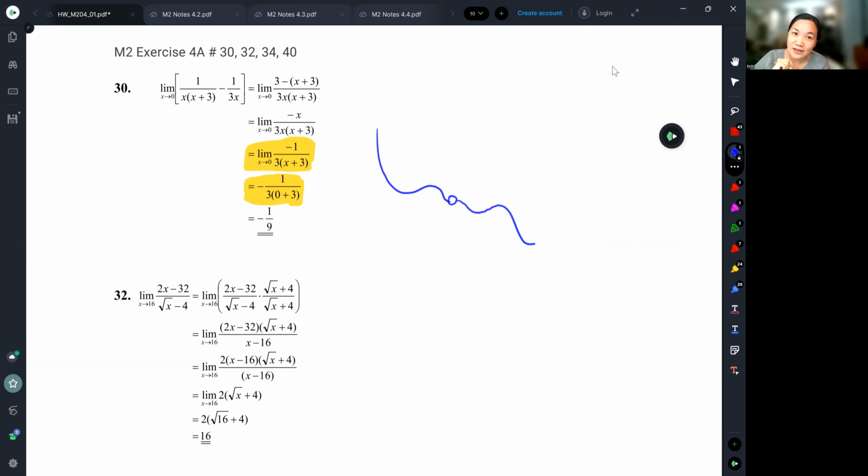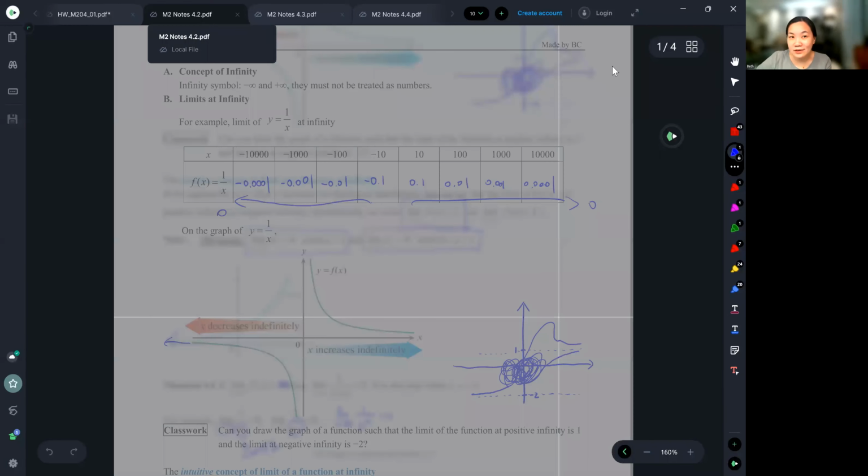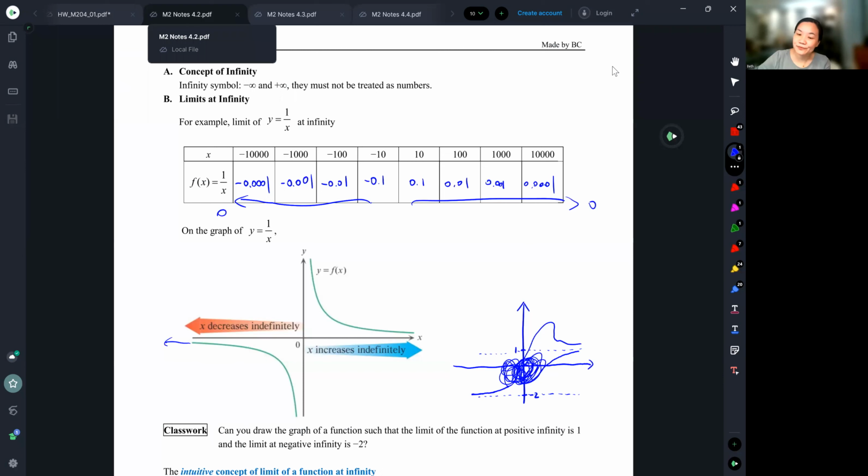The technique is factorizing. And after factorizing and simplifying, you get a continuous function, and it's easy to find.